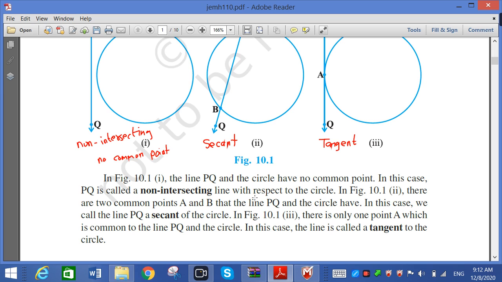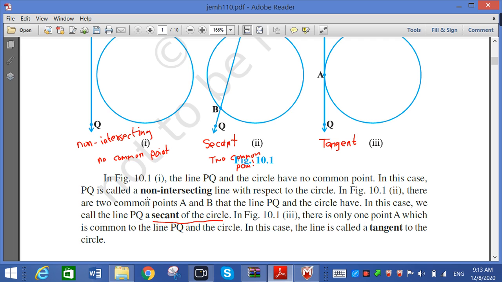In the second figure, there are two common points, A and B, that the line PQ and the circle have. In this case, we call PQ a secant of the circle.